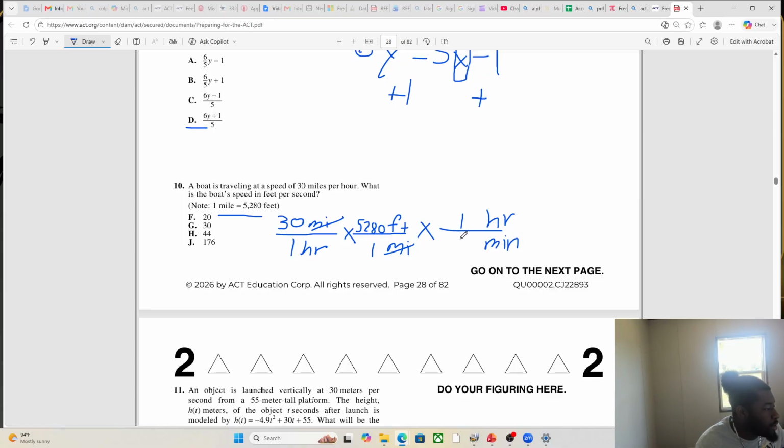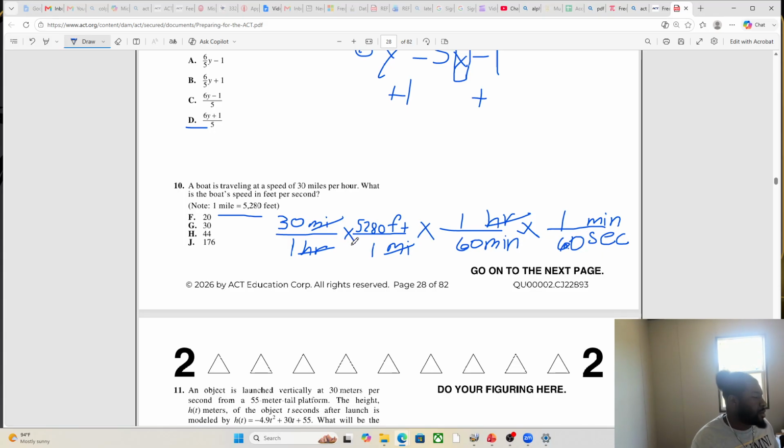So 1 hour is 60 minutes. All right, hours cancel. And we need one more conversion. Minutes is gonna go on top, and seconds will go on the bottom. So 1 minute is 60 seconds.